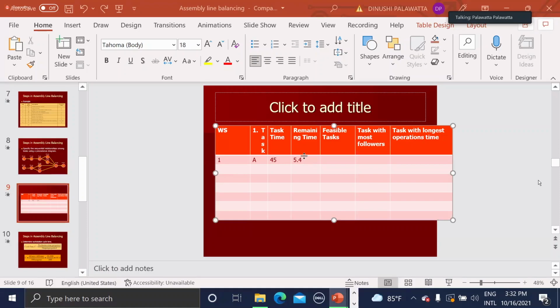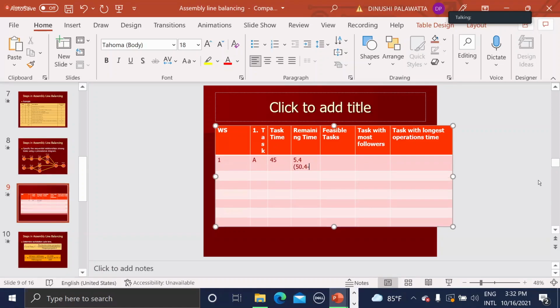Its cycle time is 50.4 minus 45. That's how you got the 5.4. Okay. So this will be idle because there are no feasible tasks, none. Therefore, this 5.4 is going to be idle.